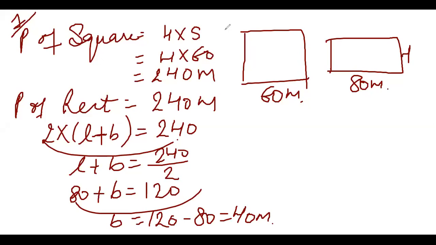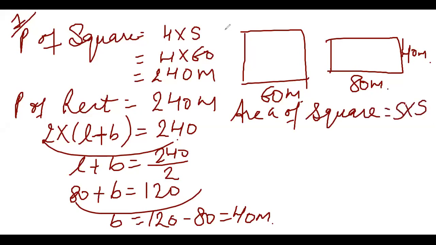So here we are having now the breadth also, so we can find out area now. Firstly, we will find out area of square, which is equal to side into side, that is 60 into 60, 3600 meters square.